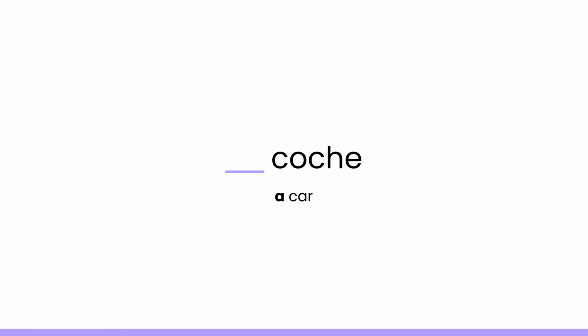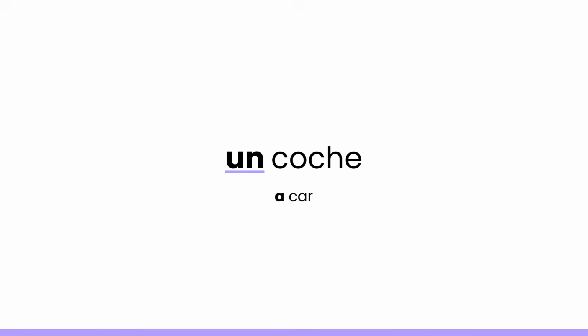So in Spanish, again, to make it more complicated, we have different words depending on if the noun is masculine or feminine. Let's start with a masculine noun. If we're talking about the car, we say el coche. However, if we say a car, the el turns into un. So we say un coche. We use un when you want to say a in Spanish, when it's masculine.